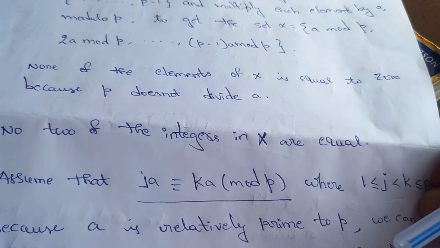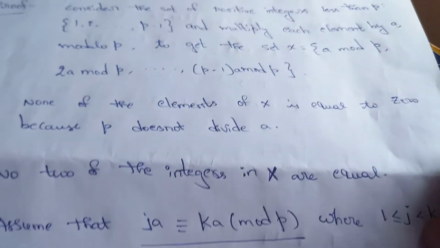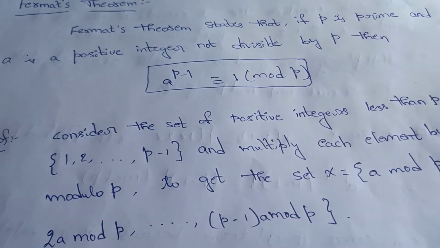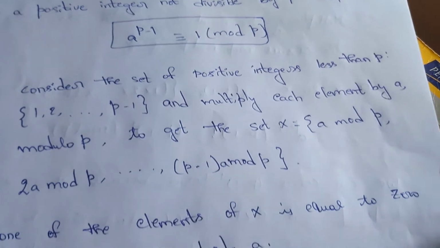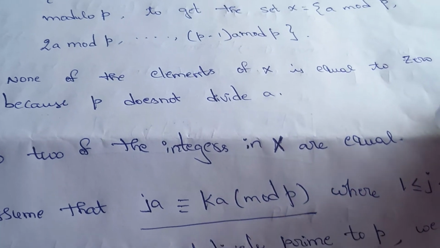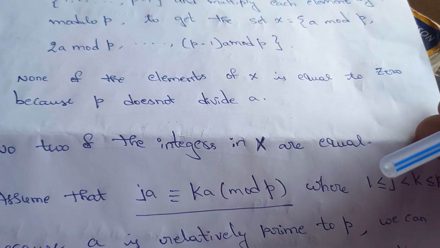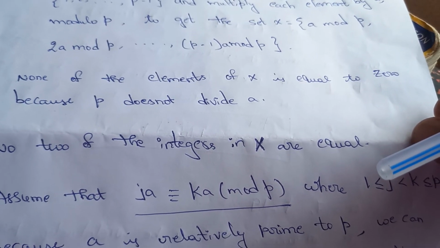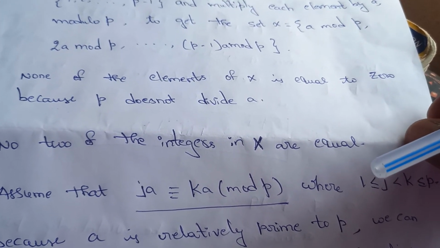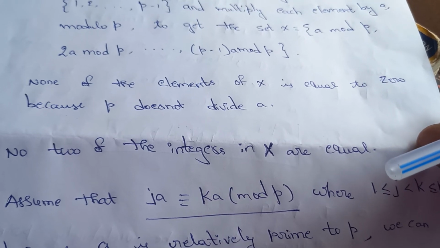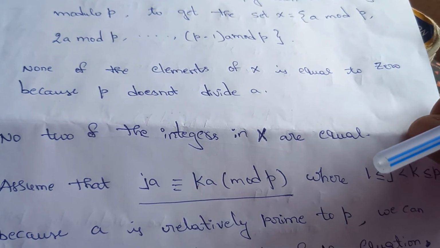In the definition it is already said that a is a positive integer not divisible by p, and p is prime. If a were divisible by p, then a mod p would be p mod p, and the remainder would be 0. So none of the elements of X is equal to 0 because p does not divide a.